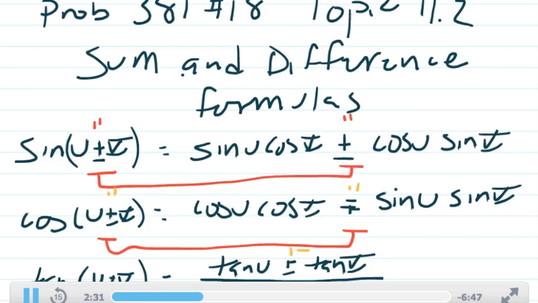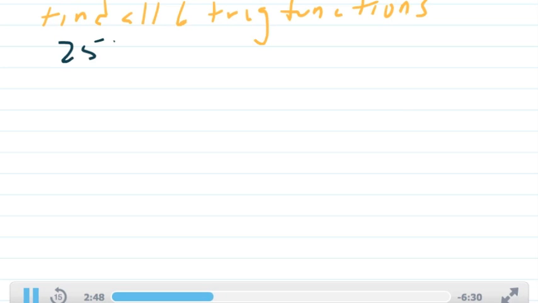Now, for this particular problem, we have the instructions to find all 6 trig function values for 255 degrees is equal to 300 degrees minus 45 degrees.